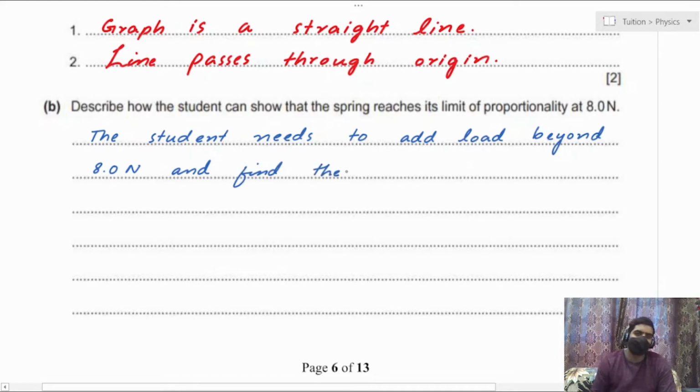That means you need to measure the extension experimentally from the ruler and find the extension against that load.